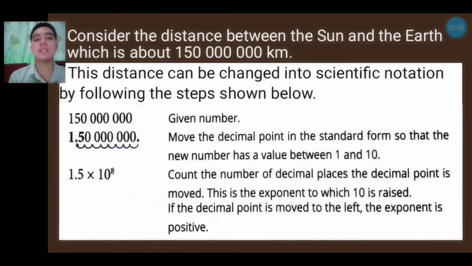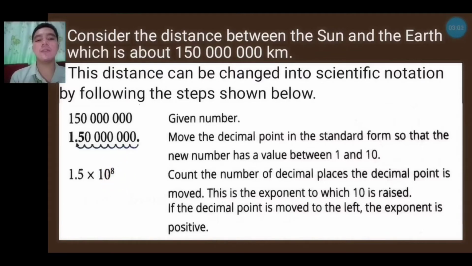So we have 1.5. Since we're dealing with scientific notation, the constant here is that we will multiply that 1.5 by 10, then we will raise that 10 to the number of places we moved the decimal point. We moved 8 places.